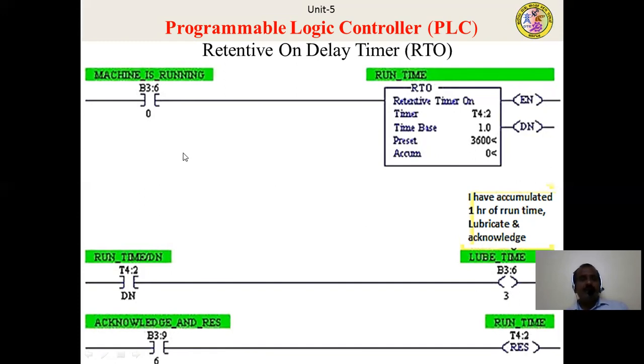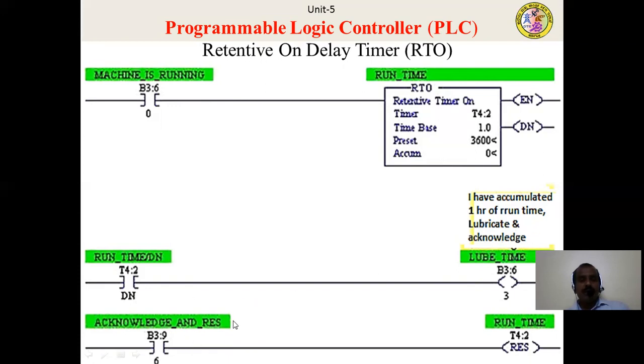That is, the machine will be running and the machine will be stopping in between. So the retentive timer is going to calculate the total runtime of the machine for 1 hour. So after the 1 hour, a red lamp glows, it is the time to lubricate it.